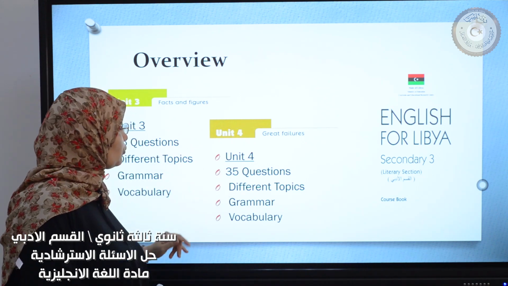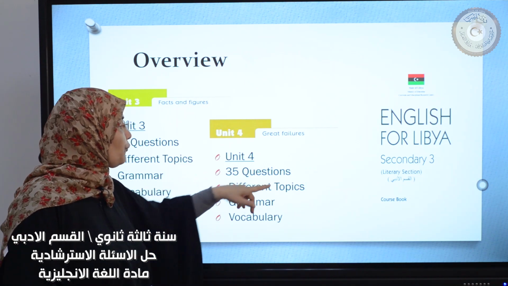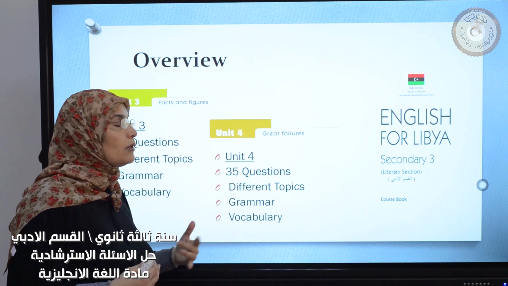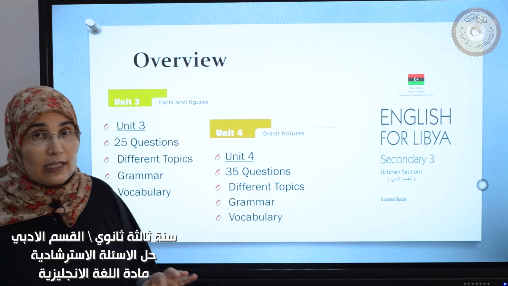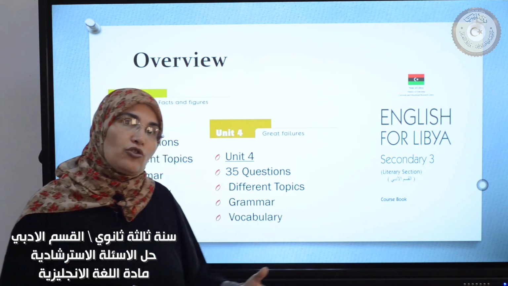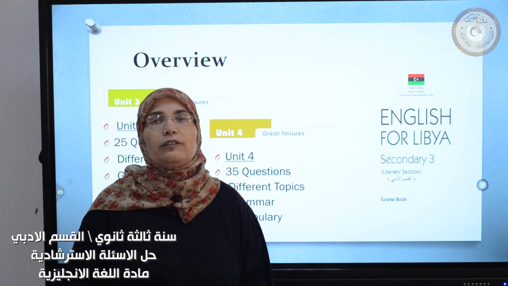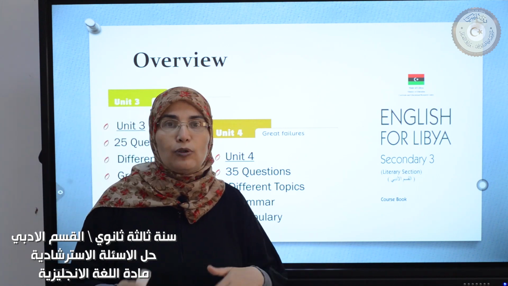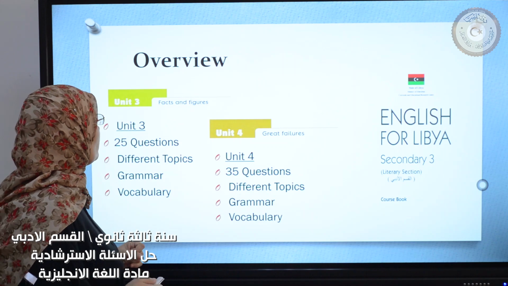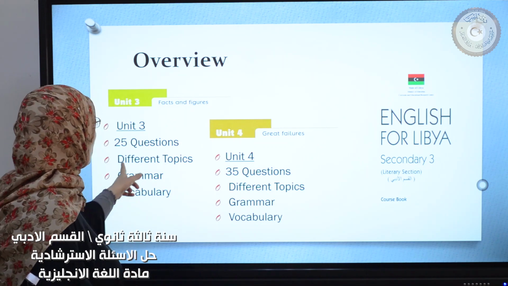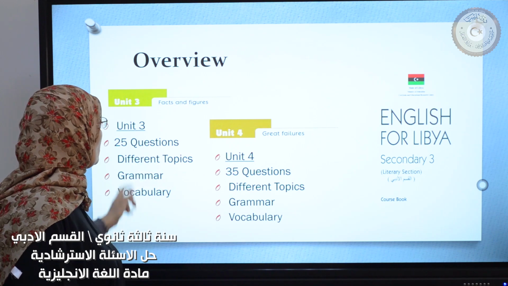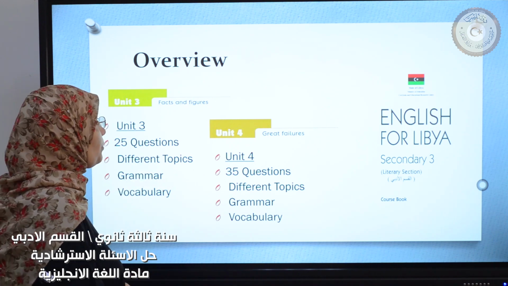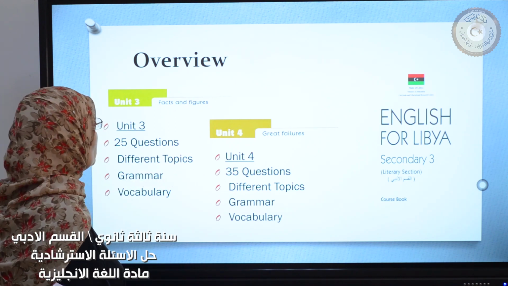They are divided between different topics, grammar questions and vocabulary questions. As I always say, grammar questions are dealt with in separate episodes. So today I will be discussing the answers for the questions that look for answers about different kinds of topics that you studied in your textbook.